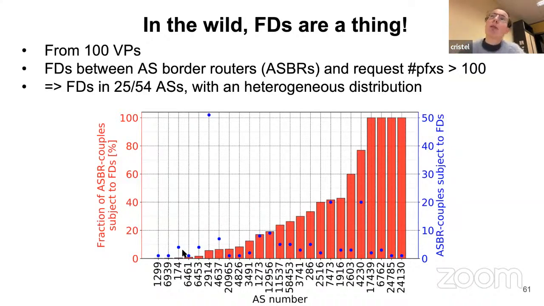So for example, if you take the AS 2914, you can see that we measure a large number of couples, and among these large number of couples, we found a limited proportion of these couples that have detours.